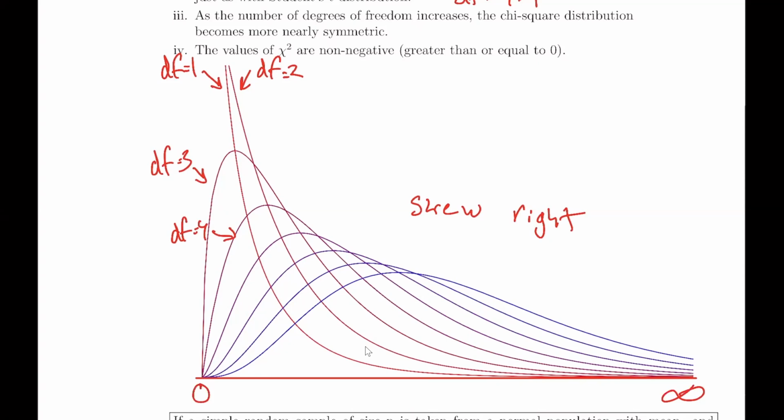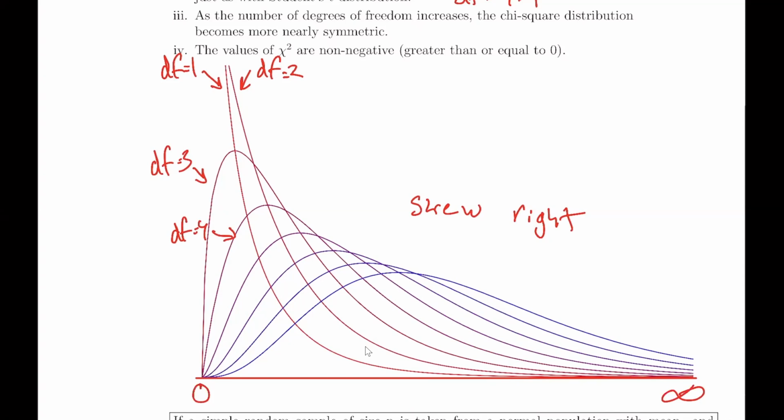So does that mean they're always skewed right? They're never skewed left, because that would go to potentially negative. Well, all of them will start off skewed right. And then, depending on the sample size, it might go symmetric. All right, so those are your key facts in regard to the chi-square distribution.